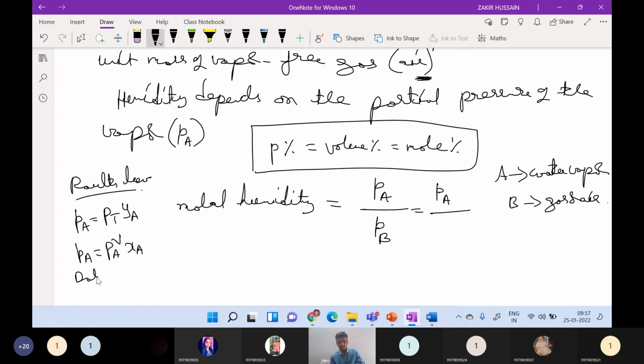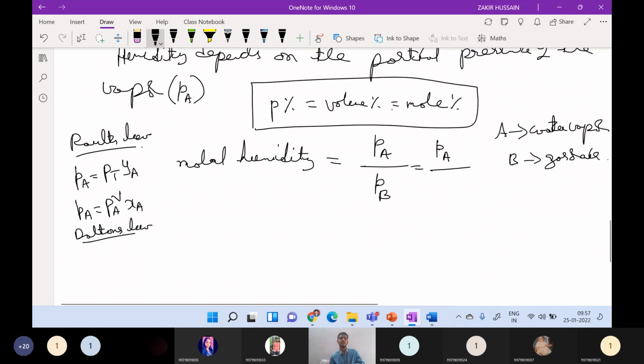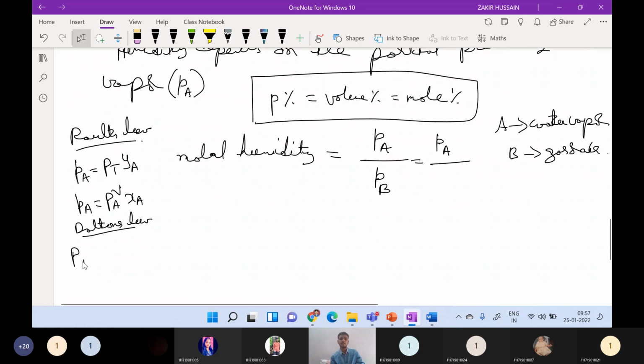Similarly, Dalton's law: the sum of the partial pressures is equal to the total pressure. PA plus PB is equal to total pressure. According to this equation, if PA goes to the other side, PB is equal to PT minus PA.